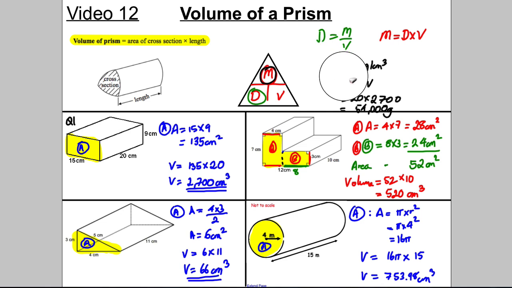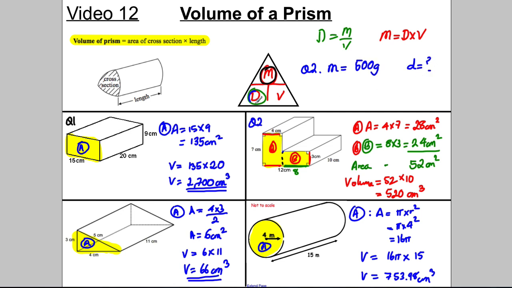Alternatively, let's call this one question 2. Say they told us in this question that the mass here was, I don't know, 500 grams, and they asked us to work out the density.